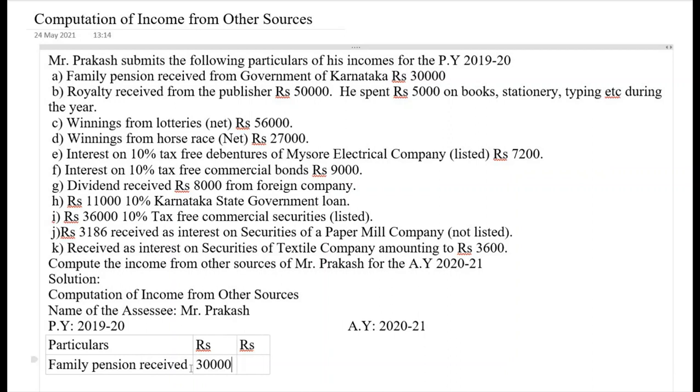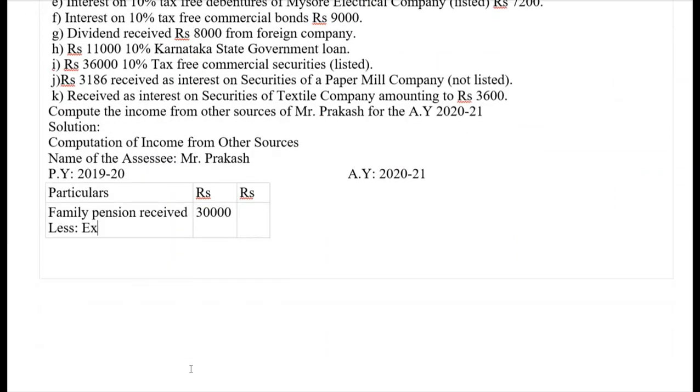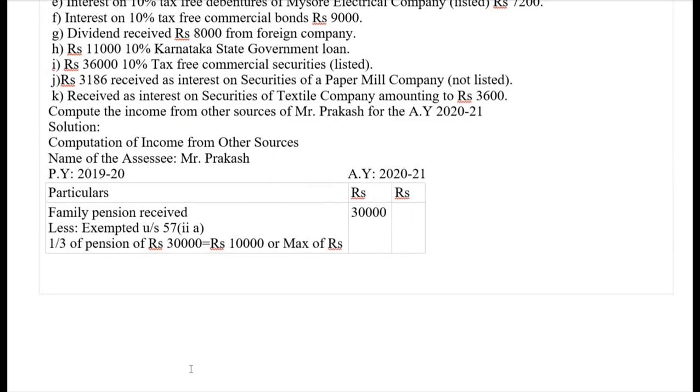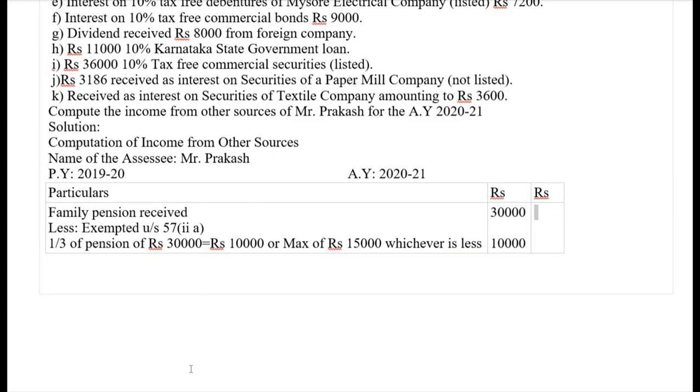So 30,000 less exempted under section 57 subclause 2A, 1/3 of pension of rupees 30,000 equals rupees 10,000 or maximum of rupees 15,000, whichever is less. So that comes to rupees 10,000 here. So 20,000 is chargeable to tax.